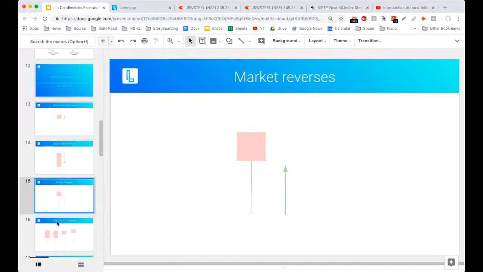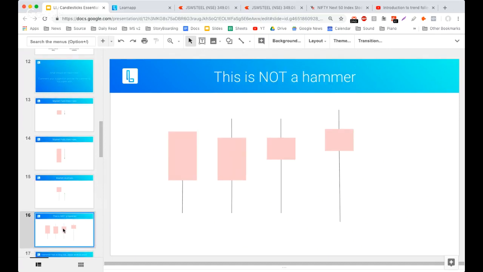Great. So that's what the hammer is. But you know, the biggest confusion is that these are not a hammer. ये सब hammer नहीं है. So let me show you. This is not a hammer because the body is much longer than the tail, right? It's below the halfway mark. This is not a hammer because not only is the body halfway, you also have an upper wick. So this does not look like a hammer at all.